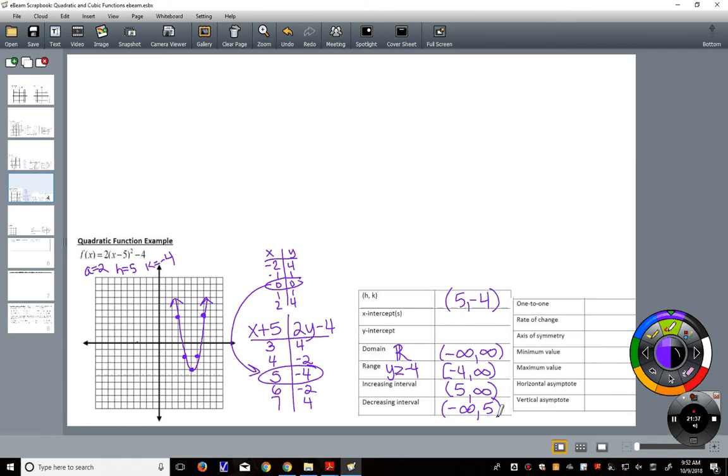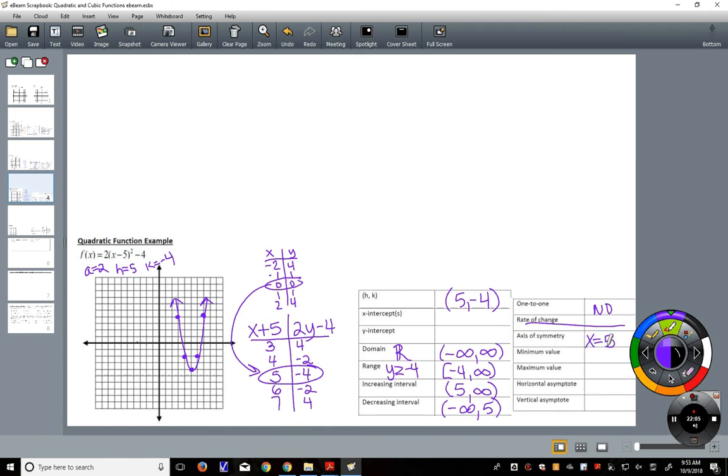All right, somebody else. Is this function 1-to-1? No. Okay. All the quadratics are going to fail that idea, right? We don't need rate of change. Somebody else. What is my axis of symmetry? Sam already gave us something. Genevieve already gave us something. Yeah, Jeremy. Good. X equals 5. Okay. Somebody else.